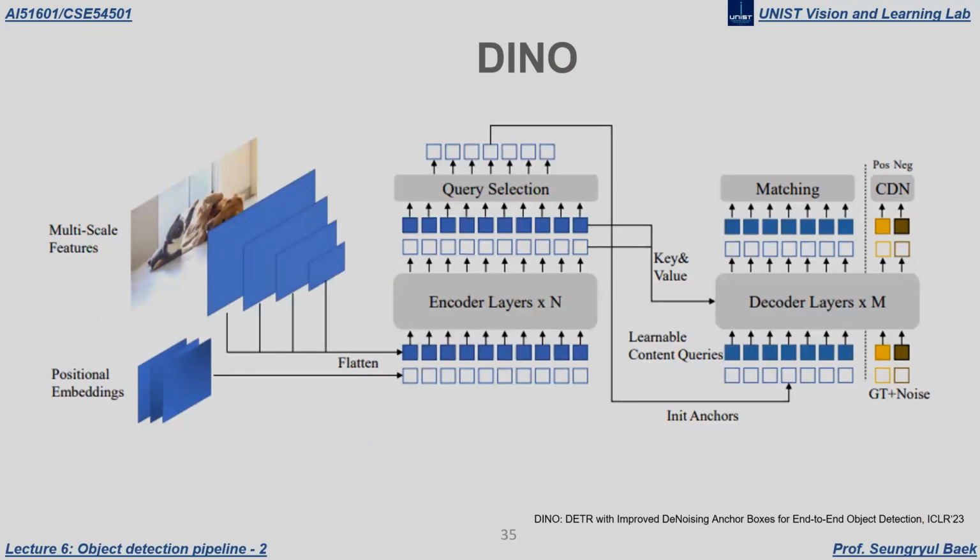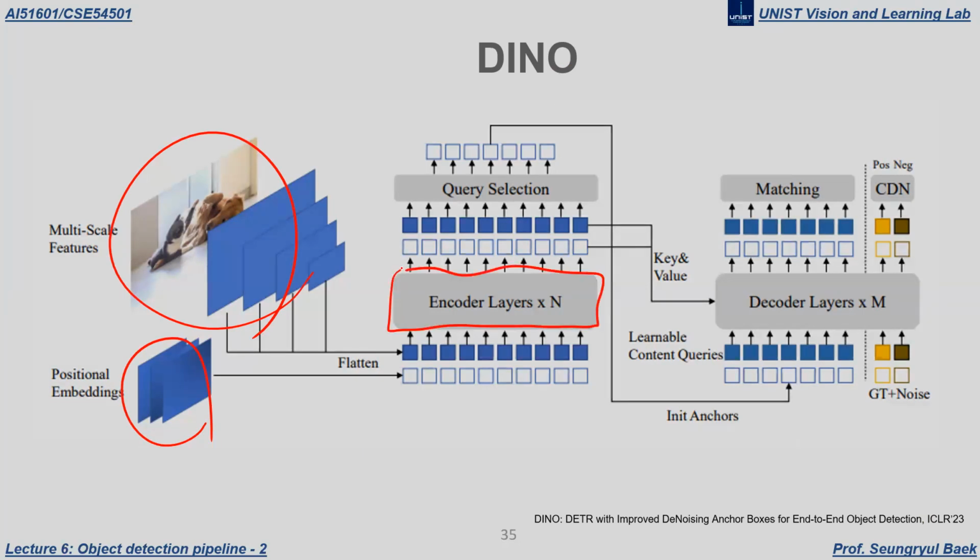So the DINO whole pipeline looks like this. It involves the multi-scale features and also has some positional embedding modules. And this is the encoder layer.